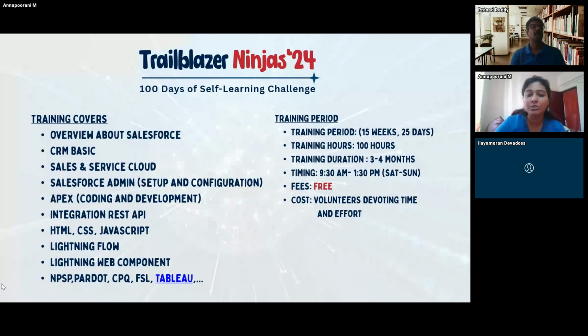And as you can see, the training period is 15 weeks, and 100 hours overall, which we term the 100 days of challenge. The duration goes on for 3 to 4 months, and as of now the plan is for it to be only on Saturday and Sunday, starting at 9:30 in the morning and ending by 1:30.